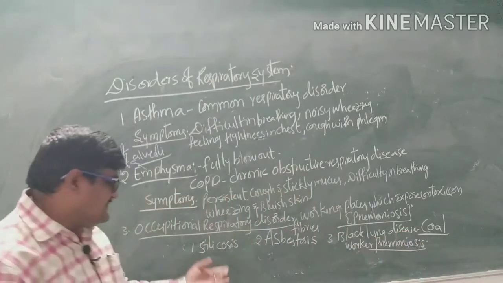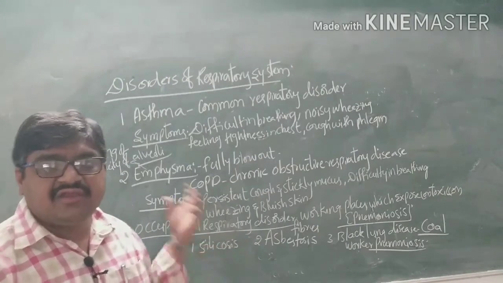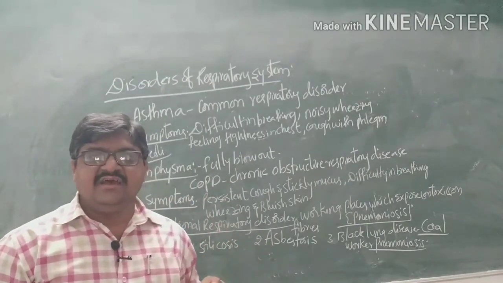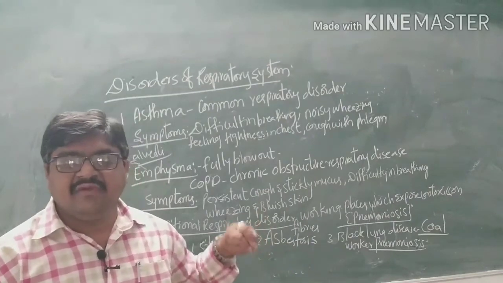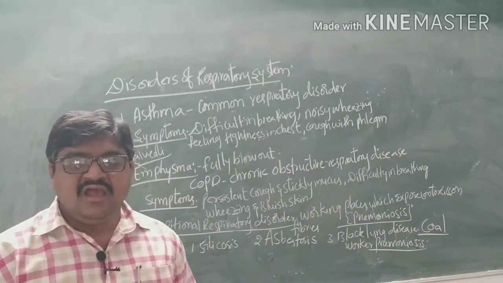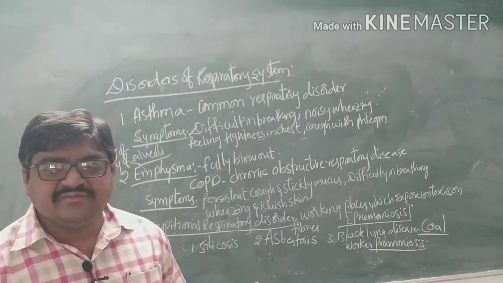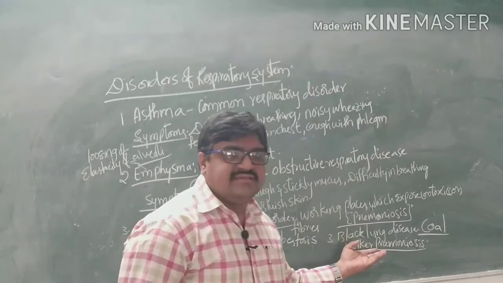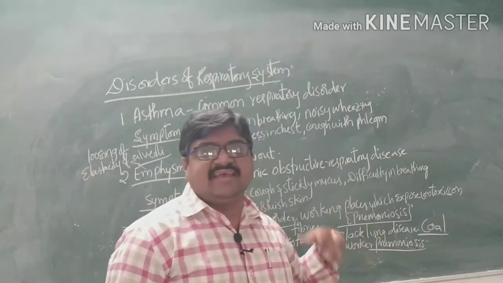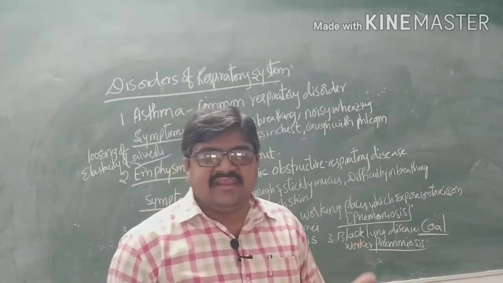So with asbestosis and silicosis, that means in silicon working factories the fibers get deposited, or in asbestos working mines or factories, and also in coal mines, where coal is extracted and dust particles are released.